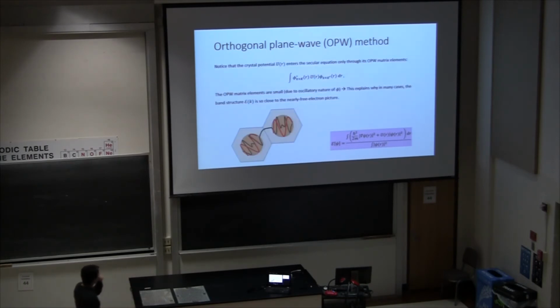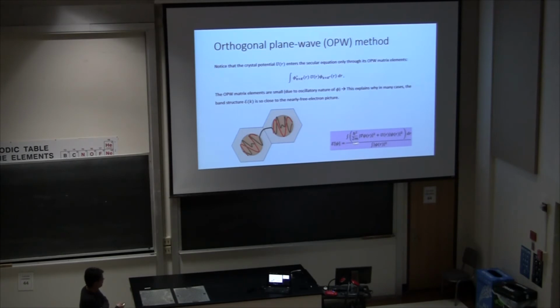Okay, going back again to why the nearly free electron approach works so well, what you learn in your condensed or solid state courses. If you plug the orthogonal plane wave into this equation, the energy functional, of course you have a kinetic energy.